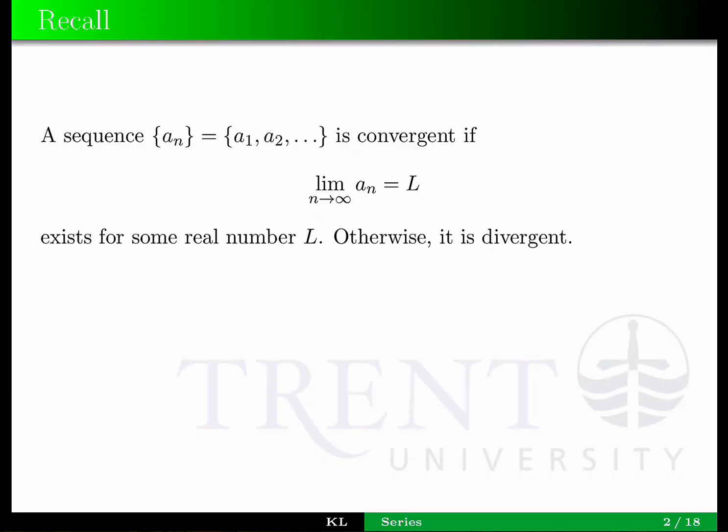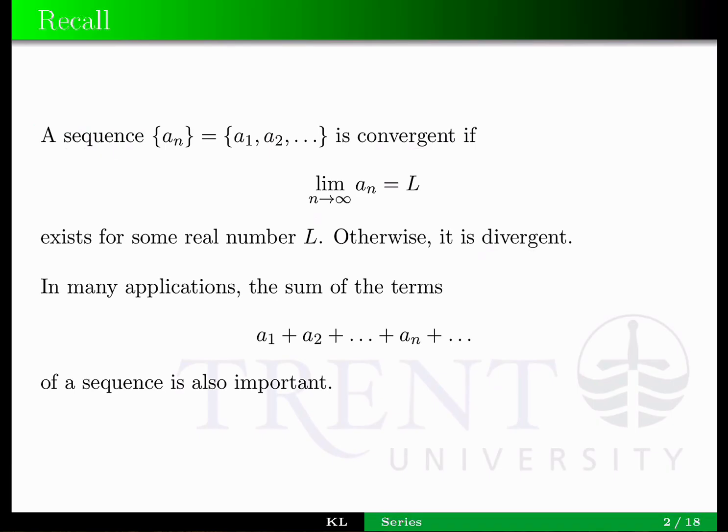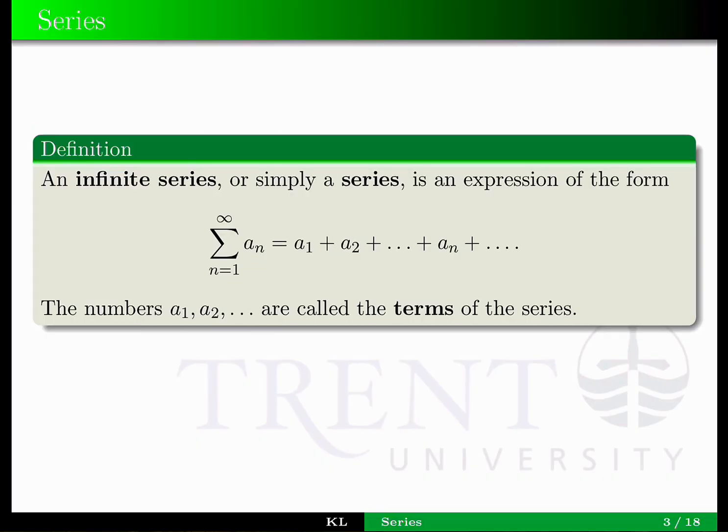Otherwise, we say that the sequence is divergent. Now, in many applications, the sum of the sequences are also important. So in here, we will discuss the sum, which we actually call the series.